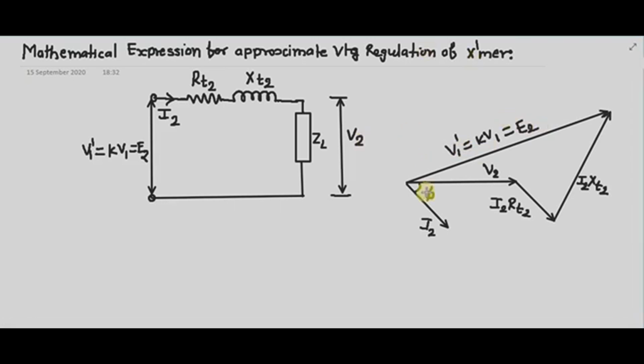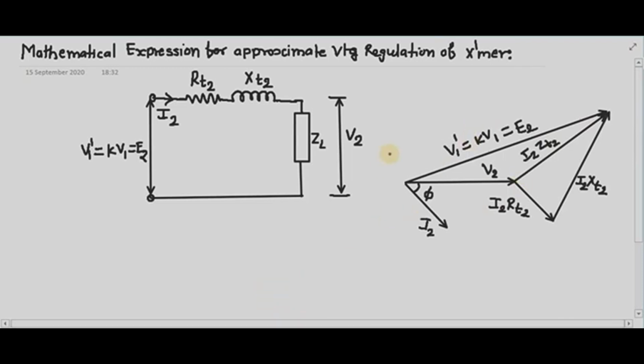And the vector sum of I2 RT2 and I2 XT2 I can draw here. That is your I2 ZT2. Now from this phasor diagram only we have to derive the formula for the voltage regulation.